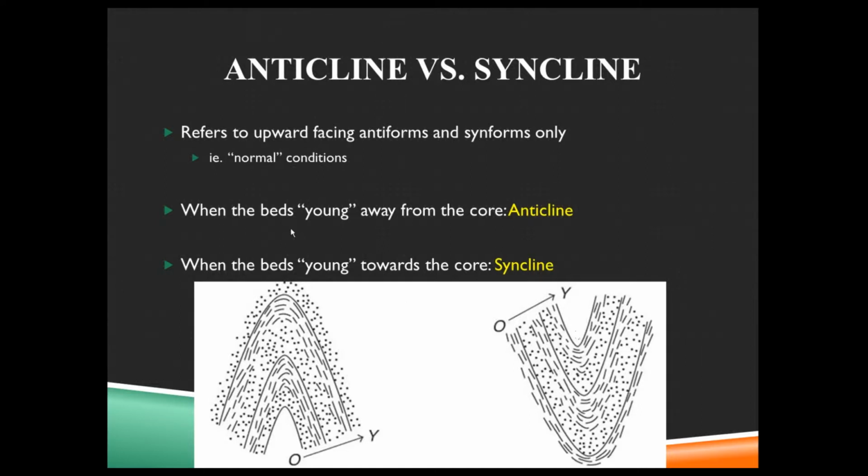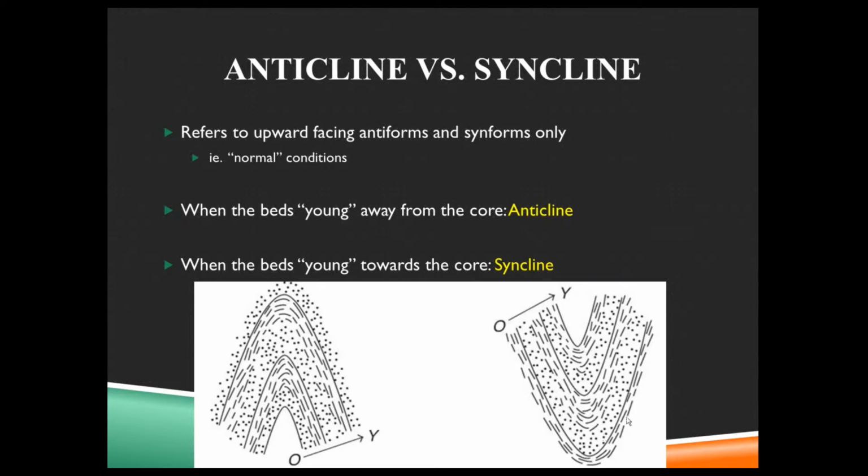So if the hinge is on top and it's younging away from the core, it's an anticline. So all anticlines are antiforms, but also if the younging and facing is backwards from normal, it's still an antiform, but it is not an anticline anymore.